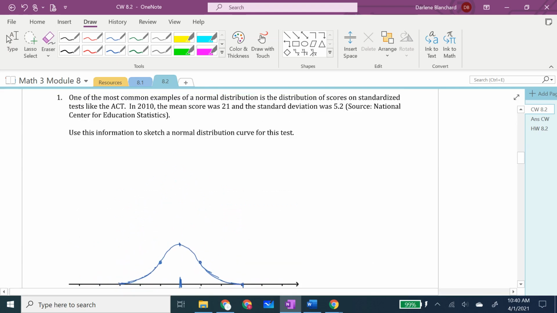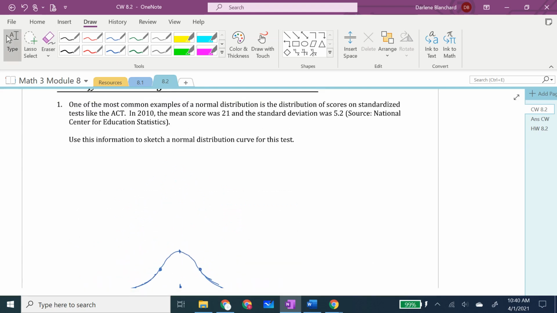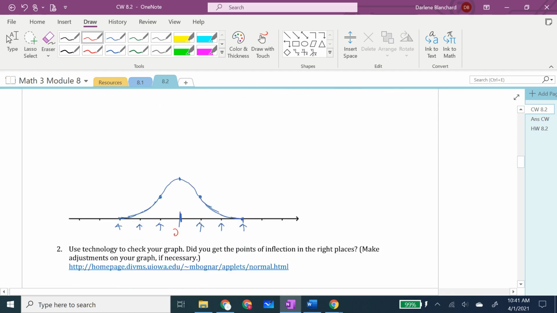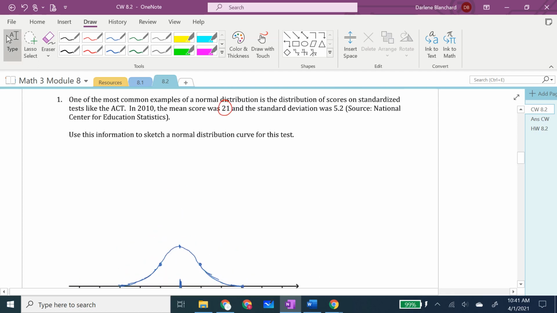Okay, let's take a look at it. It says for the ACT, in 2010, the mean score was 21. And the standard deviation was 5.2.